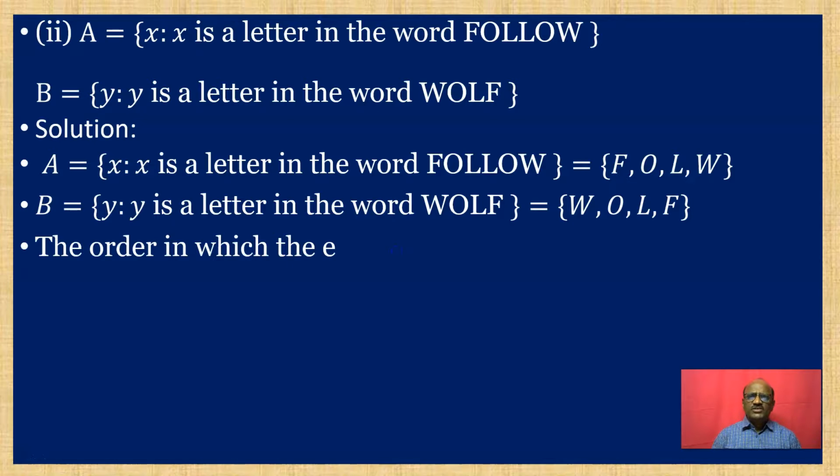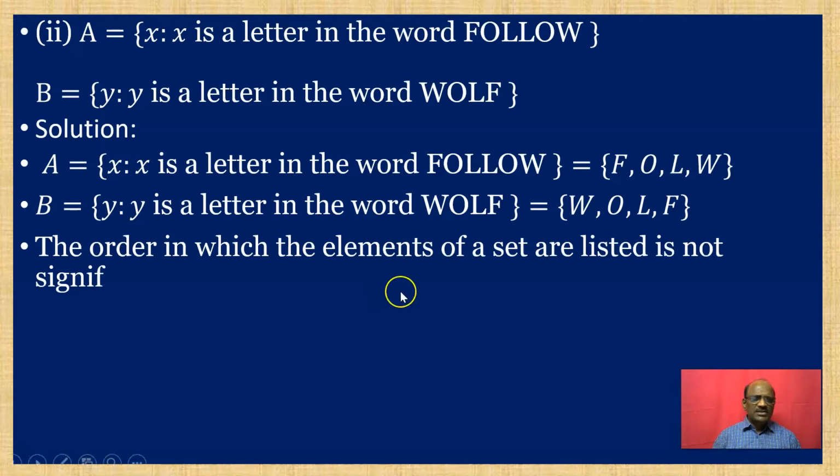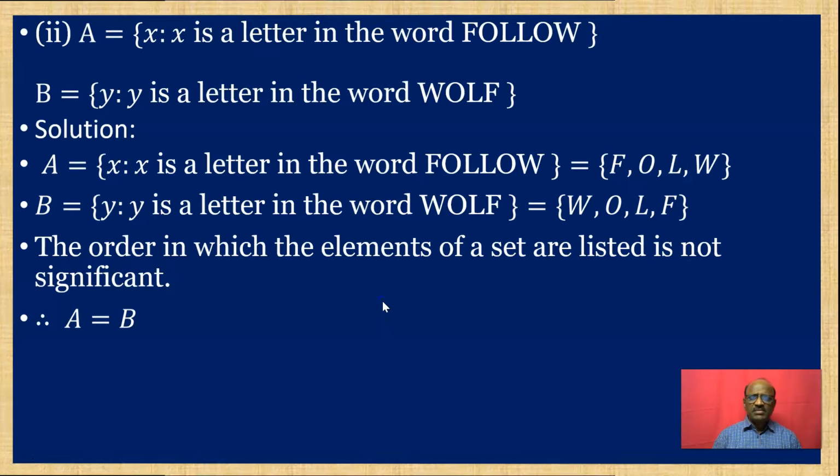The order in which the elements of the set are listed is not significant, and therefore A is equal to B. These two sets are equal, they have the same elements.